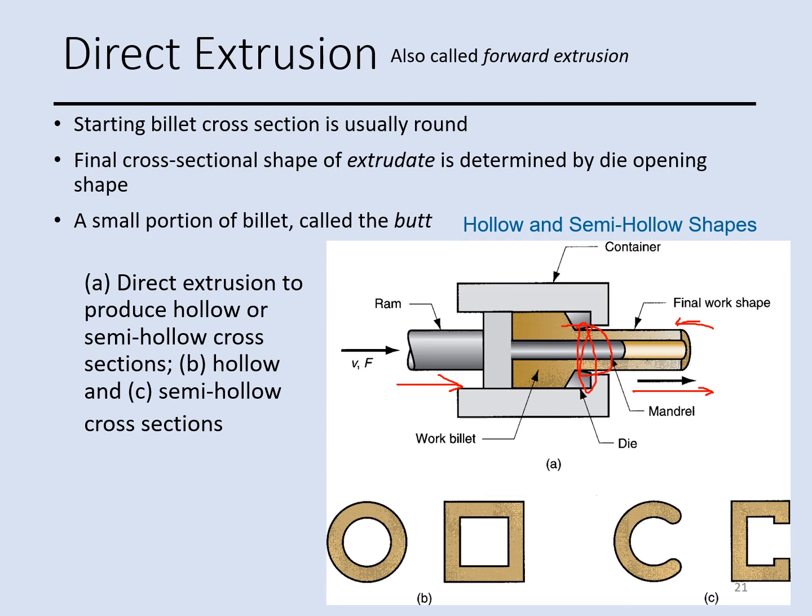This problem can be addressed by adding additional material that we don't need, and then it can be cut from the final part. This way you can reduce the waste material. Here we have different shapes that we can produce with this extrusion process.